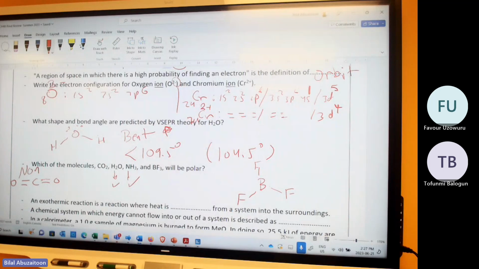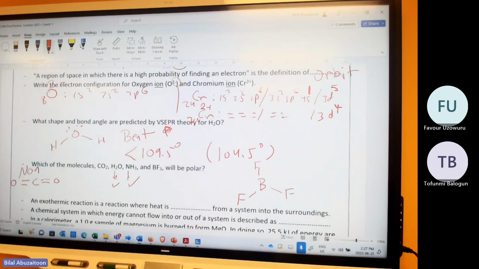Any symmetrical shape with no lone pairs on the central atom is non-polar. Tetrahedral is a symmetrical shape with all atoms identical, like CH4, for example, non-polar.